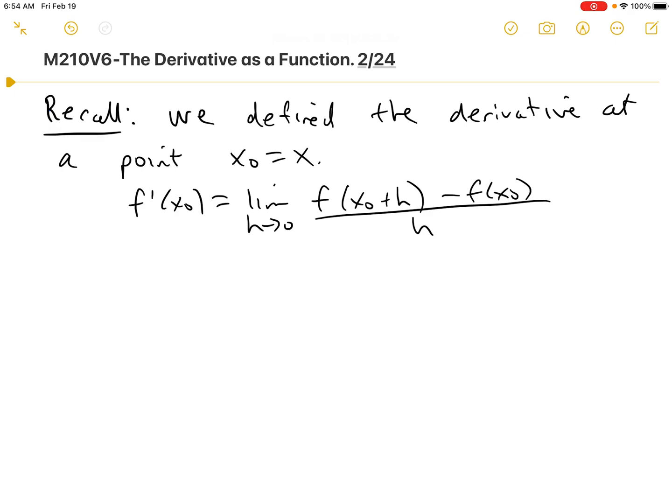Well, sometimes you have to find multiple derivatives, like 10, and you don't want to have to take the limit 10 times and plug in a different x naught for each point.